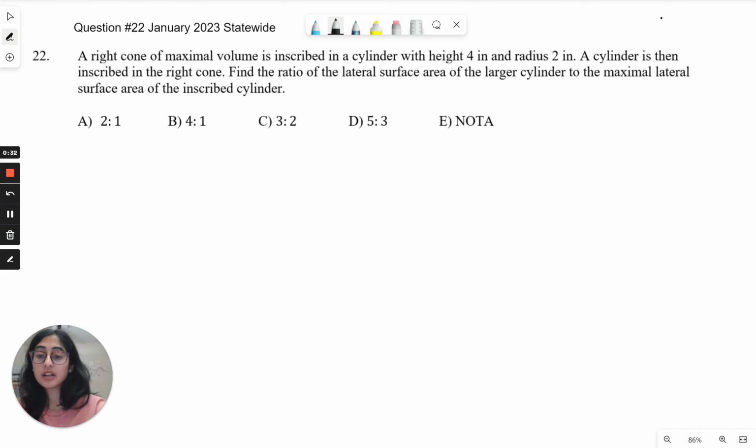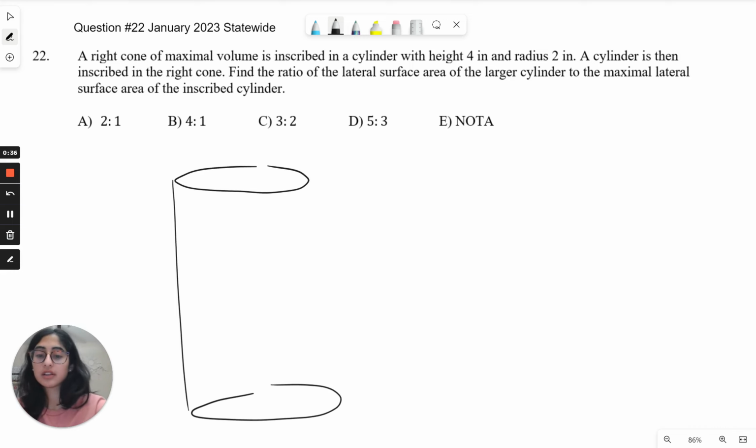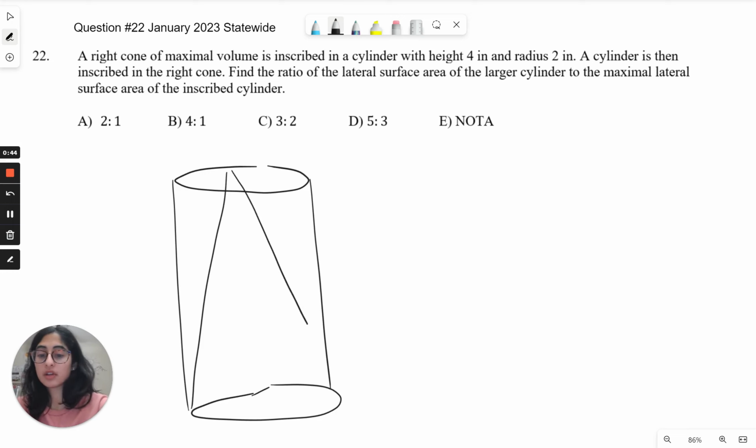We have a right cone, a cone of maximal volume that's inscribed in this beautiful, expertly drawn cylinder. And it looks like this. That's the cone. If the cone is going to have the maximal volume within that cylinder, then the base of the cone is going to be the same size as the base of the cylinder.